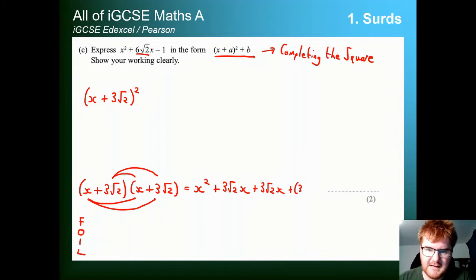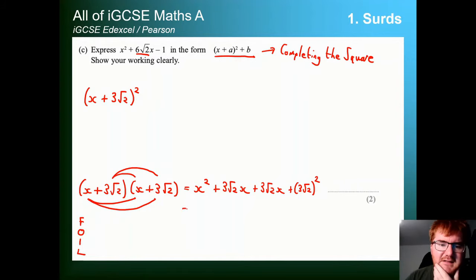Now I'm just going to write that as 3 root 2 all squared, because anything times itself is just squaring it. Now if we collect up the like terms here, the x squared stays by itself. 3 root 2x plus 3 root 2x is plus 6 root 2x, which is good because that's exactly what we have here. So that should be the case.